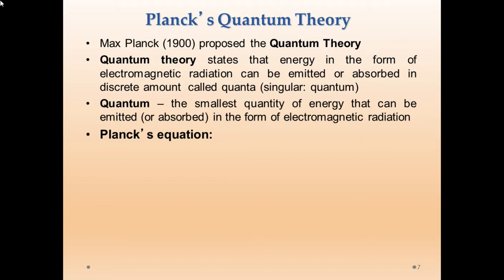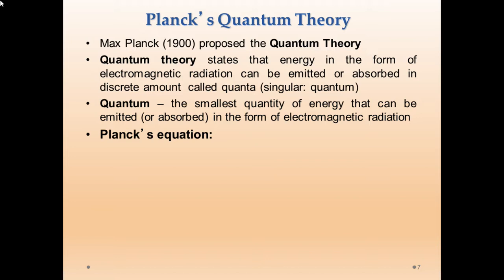Those are the Planck constant theory, where quantum theory states that energy can be in the form of electromagnetic radiation. That's the reason in the very early part of the chapter I introduced electromagnetic radiation, the spectrums, and also the wavelength.